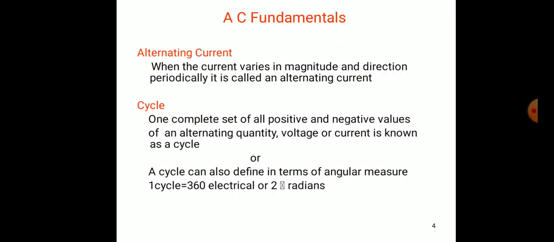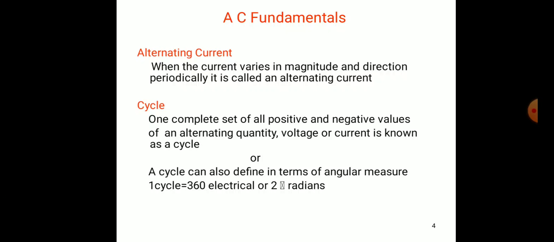The period is the time of that periodic variation. The magnitude and direction both vary, and only then is the waveform called an alternating waveform. If it is a current, it is called an alternating current. If it is a voltage, it is called an alternating voltage.